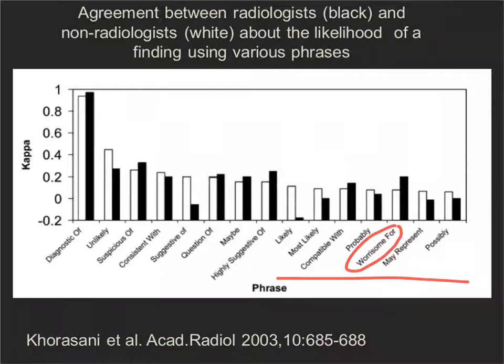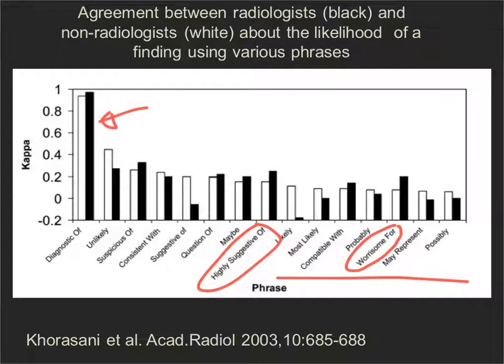And these are the kappa scores of agreement between radiologists and non-radiologists, which was really pretty interesting because, for diagnostic of, both groups of subjects agreed that it was pretty likely. They all agreed on how likely that was. When we look at some of these other ones, even ones like highly suggestive of, I would have thought highly suggestive of was pretty obvious. I was really, really concerned that that was going to be cancer in that patient.